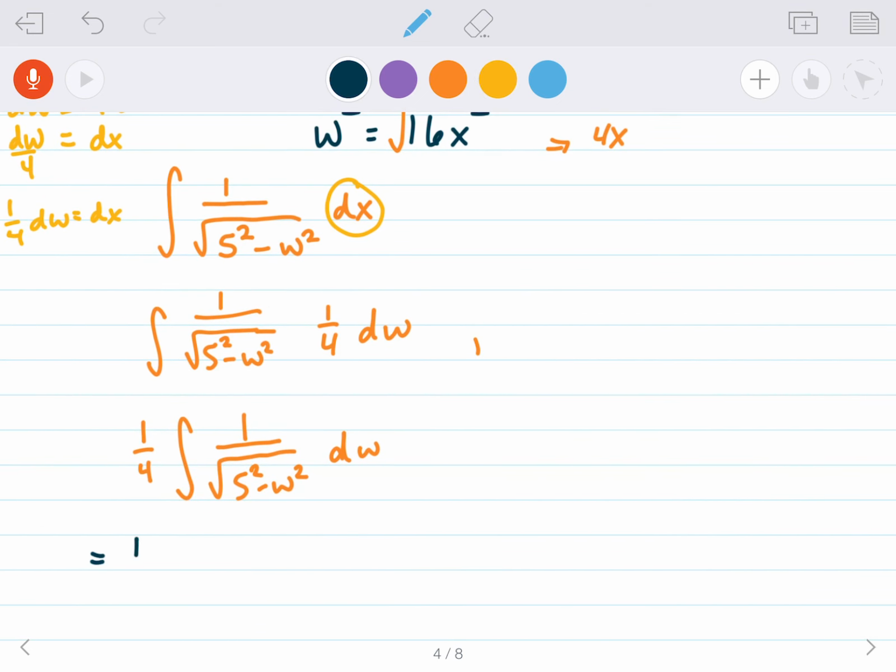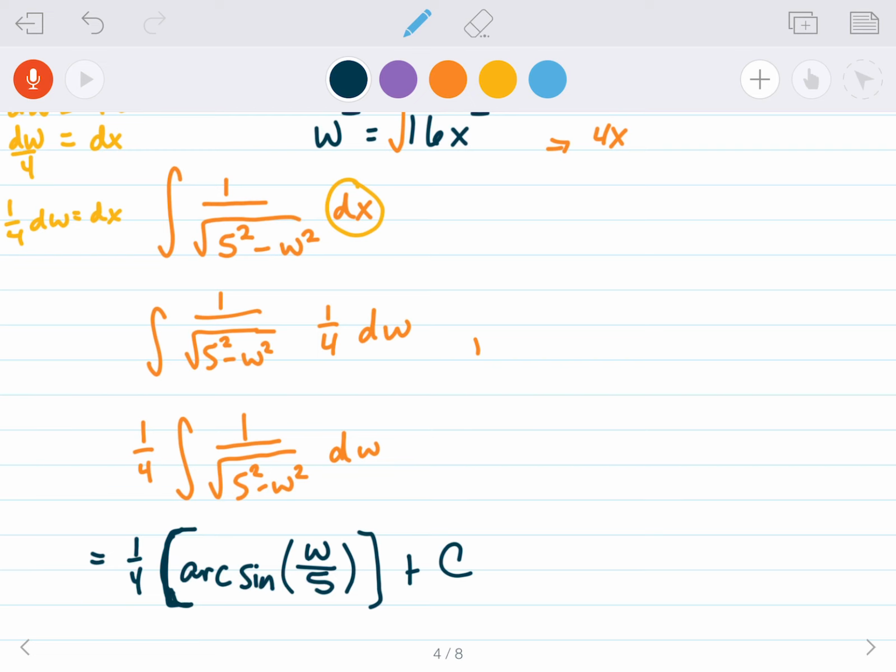So this is equal to a fourth, and then we have arc sine of w over 5 plus c.